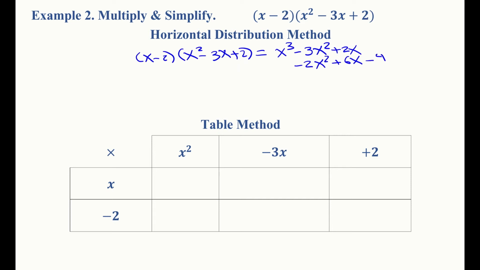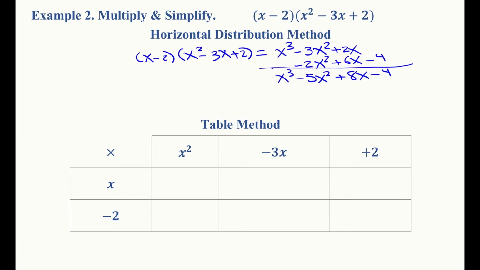We don't have anything like negative 4, so we'll just write it on the side like that. So now we just draw a line here, and we'll go ahead and combine any like terms. So we have x cubed minus 5x squared plus 8x minus 4. So that will be our final result.